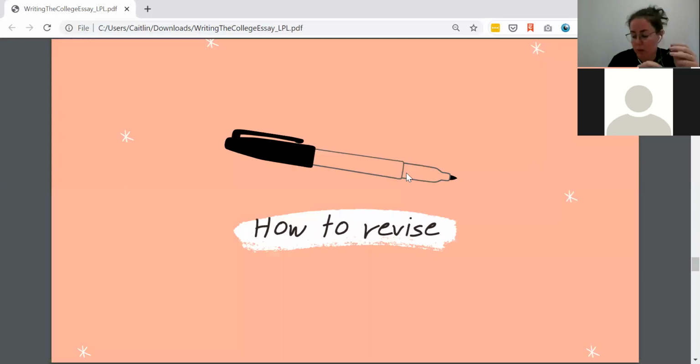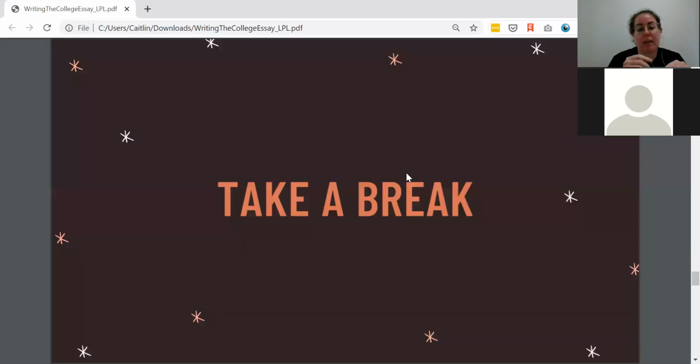And then the next part is how to revise, which is what we're going to do until the end result is perfect. First, you're going to take that first draft and you are going to either put it in a drawer and walk away for a full day or two, or you're going to close the window, obviously save it, and then not look at it for a day or two.